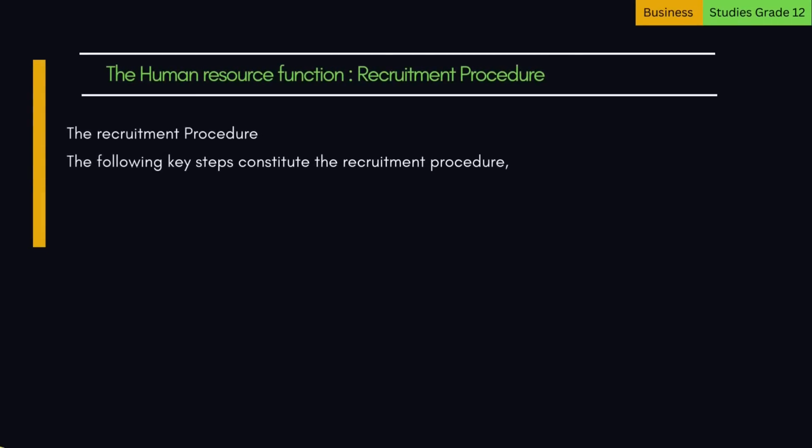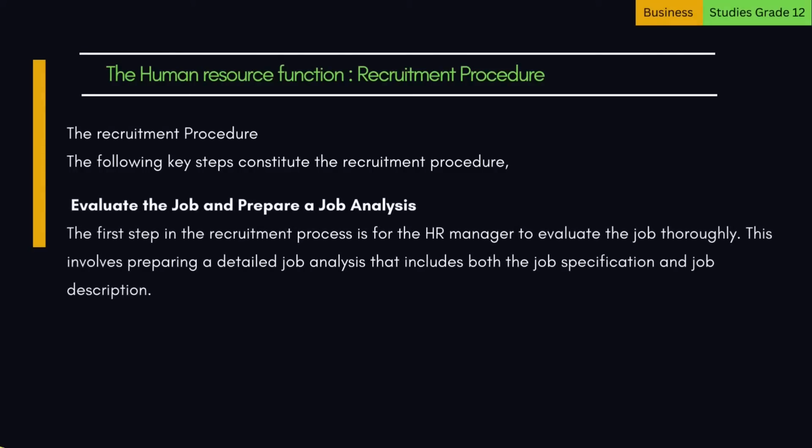The recruitment procedure. The following key steps constitute the recruitment procedure. 1. Evaluate the job and prepare a job analysis. The first step in the recruitment process is for the HR manager to evaluate the job thoroughly. This involves preparing a detailed job analysis that includes both the job specification and job description.